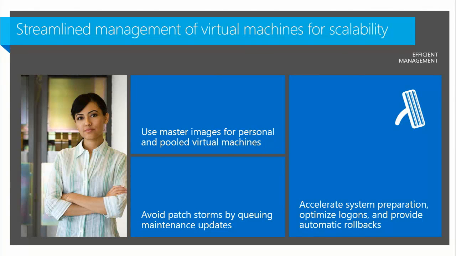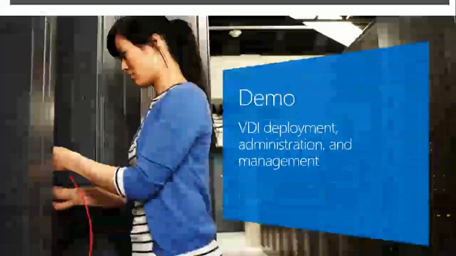So Service Pack comes out, it's time to update that master image. Instead of killing performance again while we copy that master image to replace all the machines in our collection, we stagger that load automatically for you. You don't have to think about it, we just take care of it for you. You can also wake up machines that are asleep, patch them, put them back to sleep, things like that. All happens for you. Much easier experience.